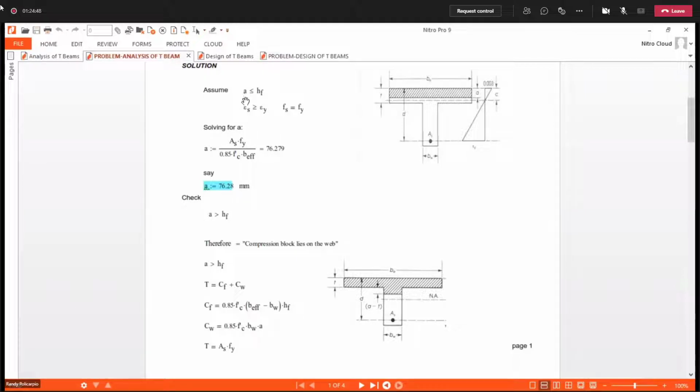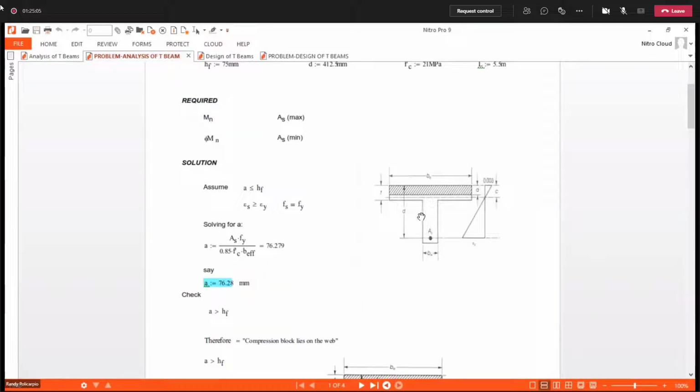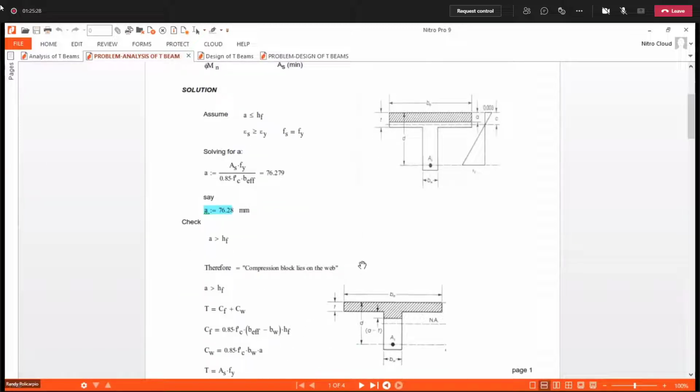Our assumption is that A is equal or less than HF. Okay, so kung i-check natin ngayon, ano ba yung HF natin? Ang HF natin is 75. So meaning, the depth of the compression block is within the web. Kasi lumagpas na siya sa HF. Ang result ay 76.28. So A is greater than HF. So therefore, yung compression block natin lies on the web.